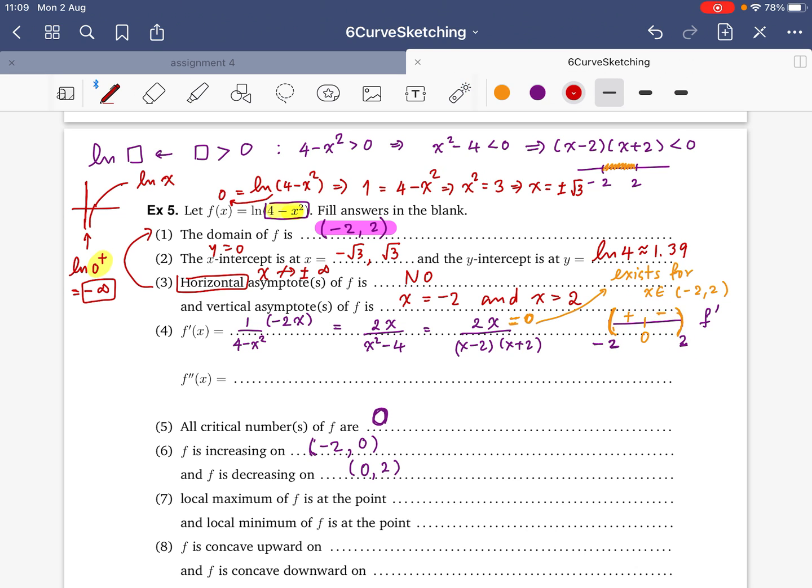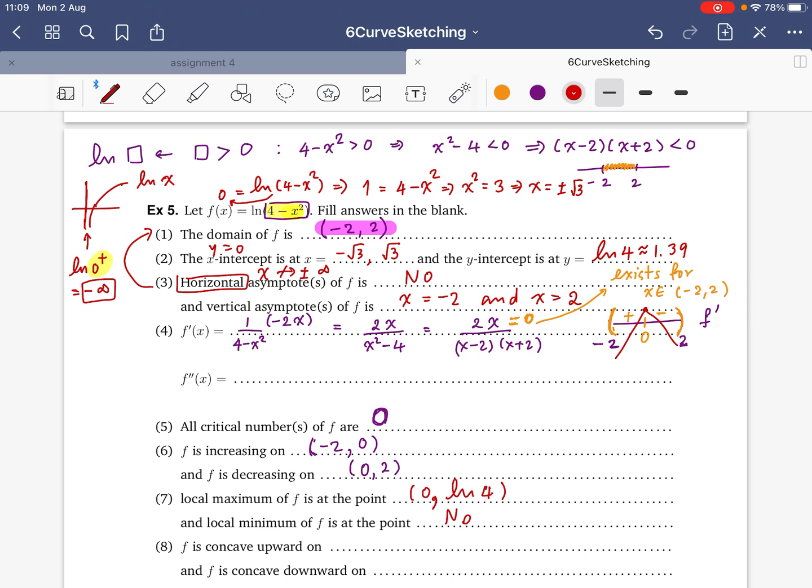So it means that you have a local maximum but no local minimum. The local maximum is at the point where x is 0 and y is simply log of 4. And a local minimum, you have none.